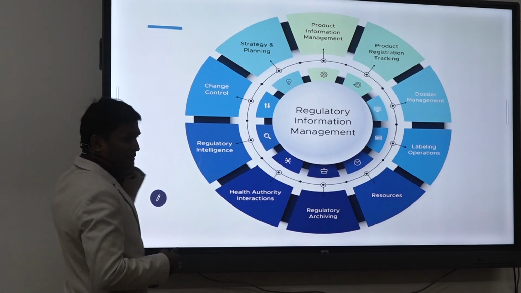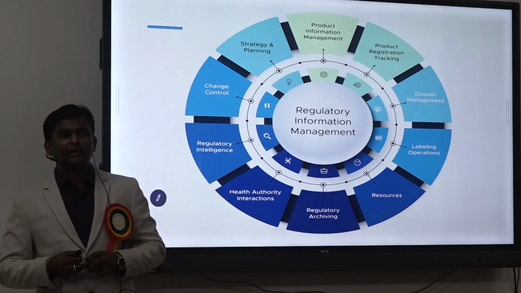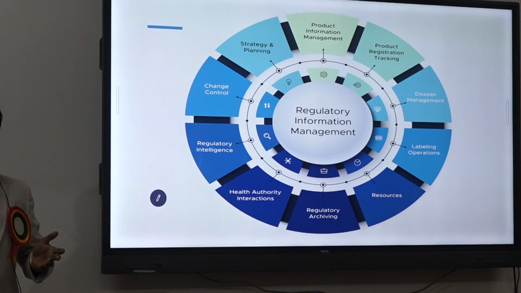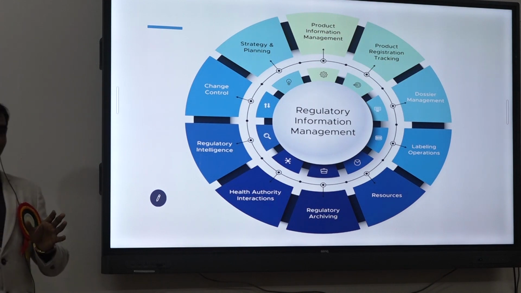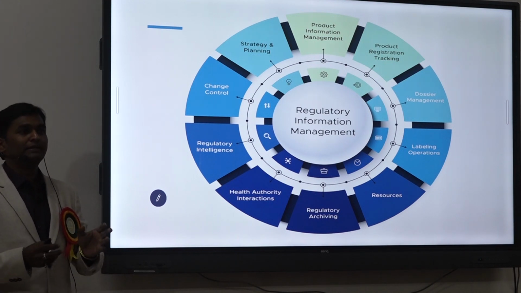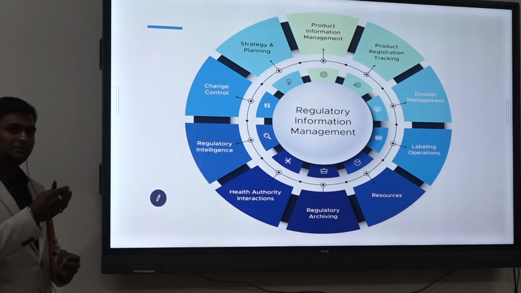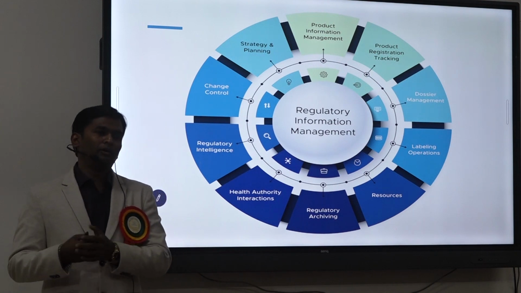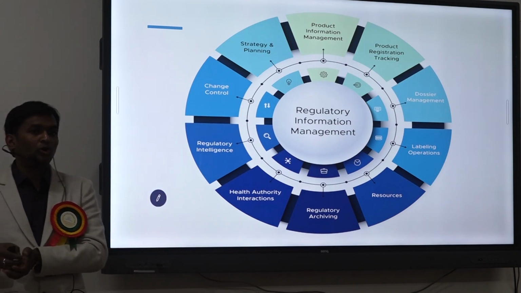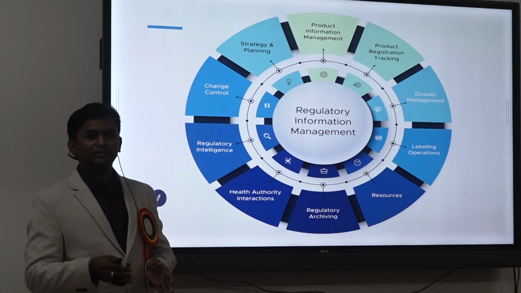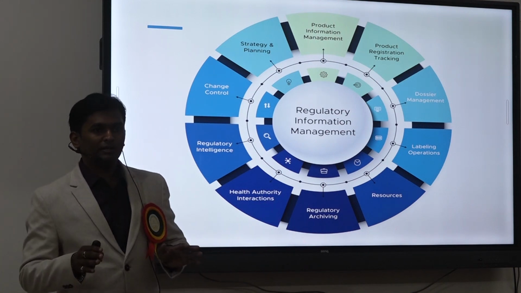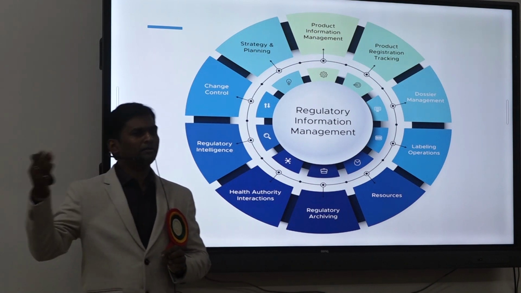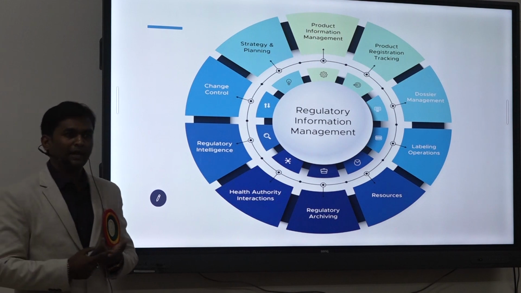Then change control. As I mentioned, in regulatory you cannot delete any document, and you cannot approve any document by yourself. First of all, that document will be created in draft format. Draft is the first part, and that draft will be checked by another person who works as a kind of QC for that document. Once QC is done and it is 100% clear, the document will be submitted to the health authority, and from the health authority we may get additional questions.